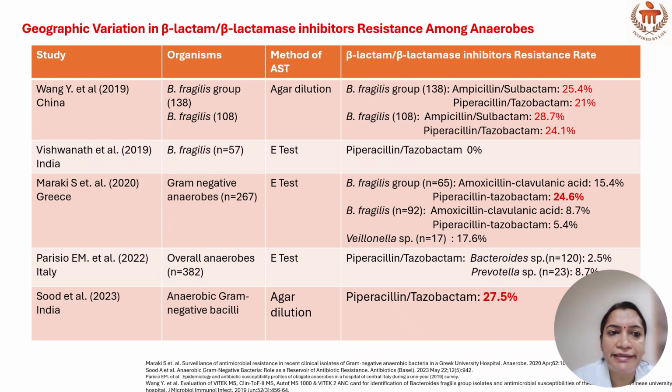Whereas a study conducted in China came across around 21% of Bacteroides fragilis isolates resistant to piperacillin-tazobactam, and around 28.7% resistant to ampicillin-sulbactam. In a study conducted in Greece, around 24.6% of the Bacteroides fragilis group were resistant to piperacillin-tazobactam.